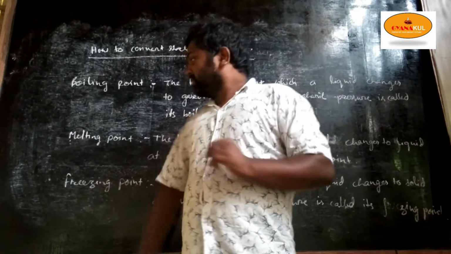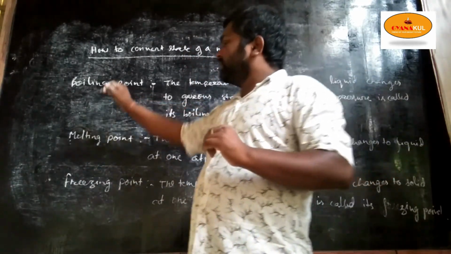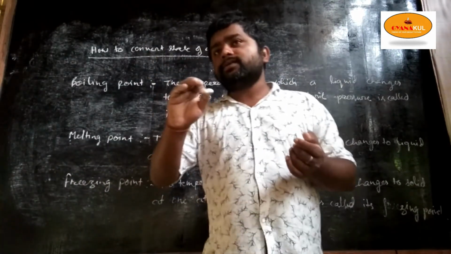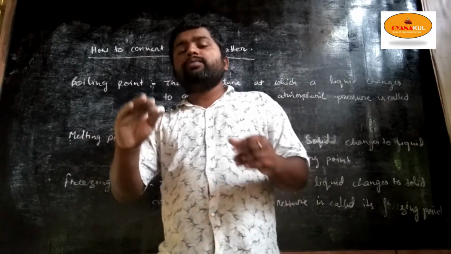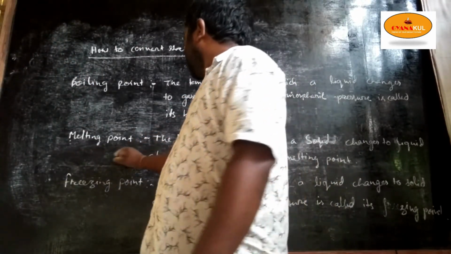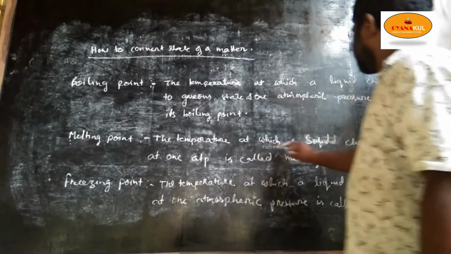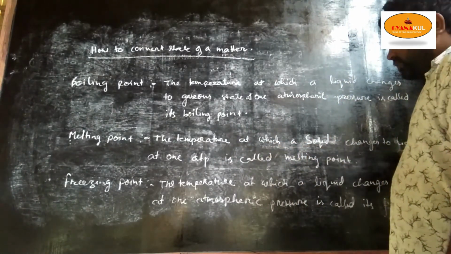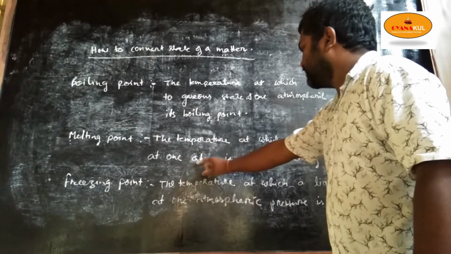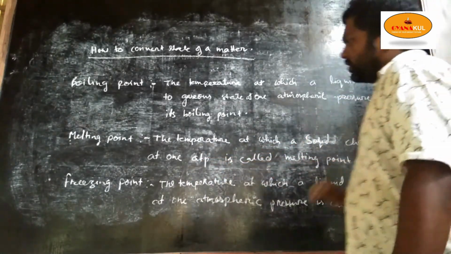Understanding? For example, the boiling point of water is how much? 100 degrees Celsius. That means at 100 degrees Celsius, the liquid water will be converted to gas. Clear? Next, melting point. The temperature at which a solid changes to liquid at 1 atmospheric pressure is called the melting point.